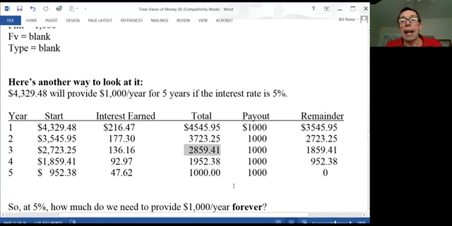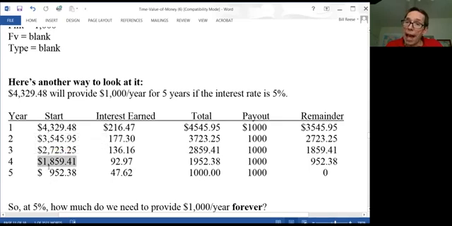You decide to take out $1,000 from that because this time what you'd like to do is go hiking in Yellowstone Park, and you take out the $1,000 and that leaves you with $1,859.41. That's at the end of year three. So that's also what is in your account at the beginning of year four.